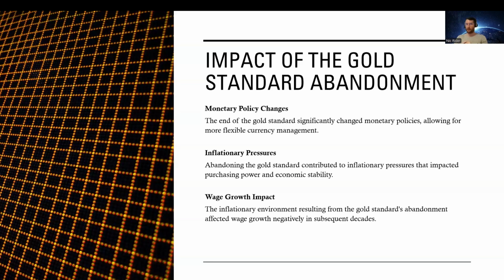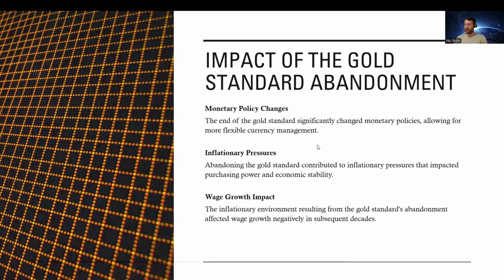So capitalizing before a big decision like this is essential. Next, we've got wage growth impact. The inflationary environment resulting from the gold standard's abandonment affected wage growth negatively in subsequent decades. So obviously it's changed over a period of time.